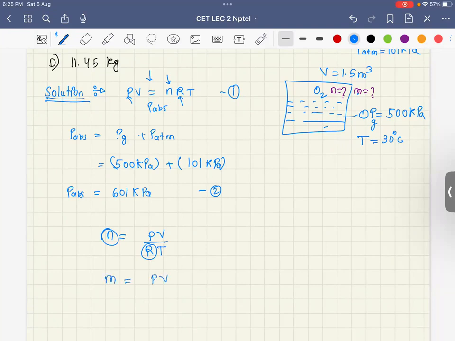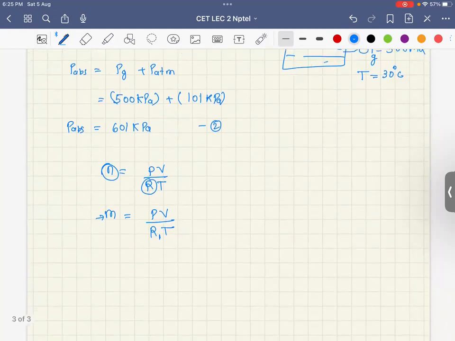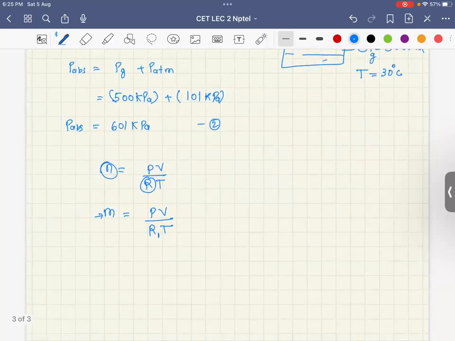So let us write PV equals mR1T, where m denotes the mass of the gas. You can just convert from R to R1 depending on the mass of the gas, right? It turns out that R1 for oxygen gas corresponds to about 0.2598 in SI units. This you can find in any standard thermodynamics textbook, right?